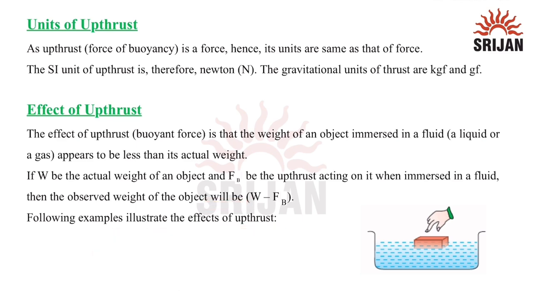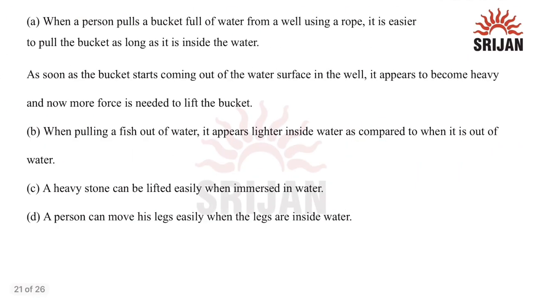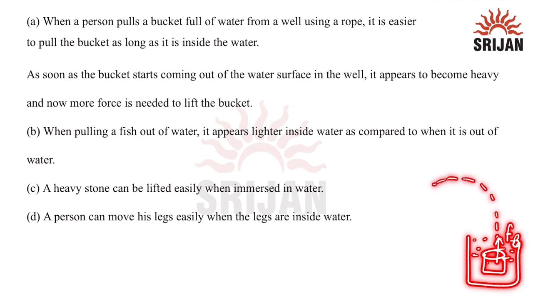Now let us take some simple examples to understand this phenomenon. When a person pulls a bucket full of water from a well using a rope, it is easier to pull the bucket as long as it is inside the water. Imagine this situation. When the bucket is inside water, the water is exerting an upward force, that is FB, making it easier for the person to pull it, because the person also applies a force in his direction and the upthrust force is also going in his direction.